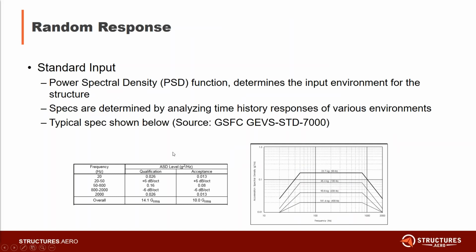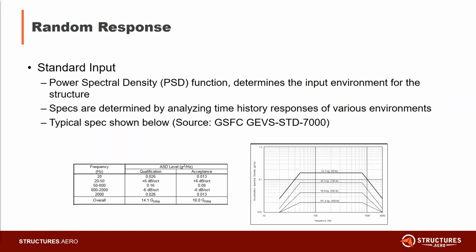So what is this input here? Again, this is the input environment that's usually determined by looking at large amounts of time history. Vibration might have some accelerometers, for instance, near one of your input points on a rocket, and from this you'll develop your power spectral density function. In other cases, you might have conservative specifications.